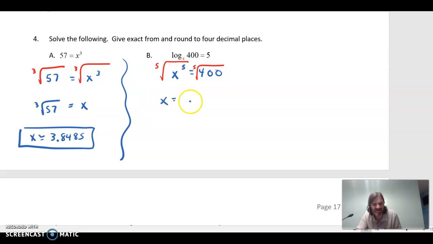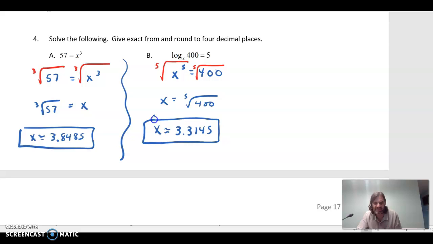So x is exactly the fifth root of 400. But Mr. Calculator is going to tell us that that would be about 3.3145. And anytime you solve an equation and get an answer, you can plug that answer back in and see if you are correct. All right.